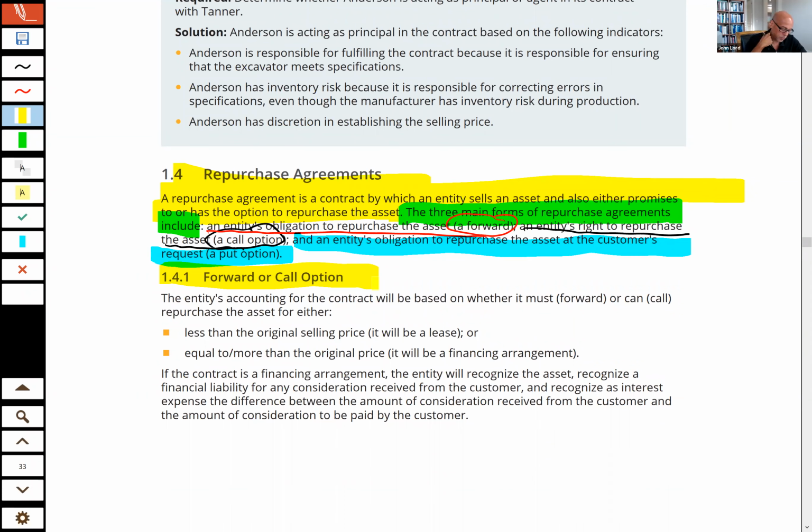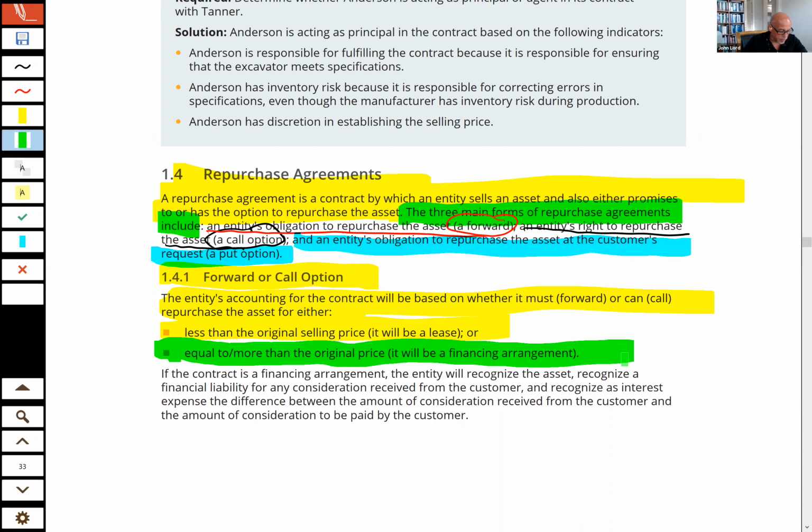Okay, that's going to be what determines the entity's accounting for the contract, whether it must, in a forward or call, repurchase the asset for either less than the original selling price or equal to, I left out equal to in my little synopsis there, equal to or more than the original purchase price.